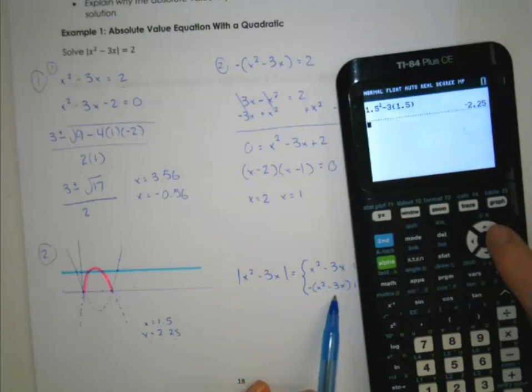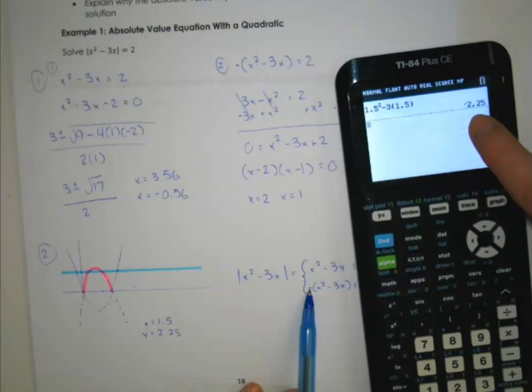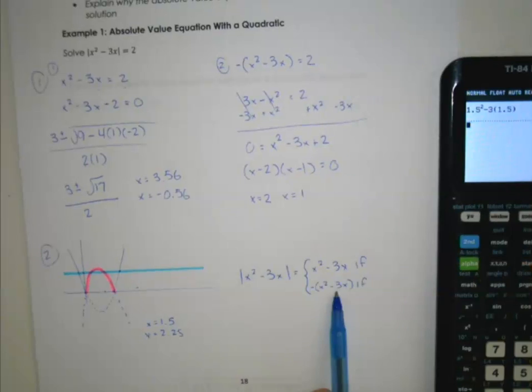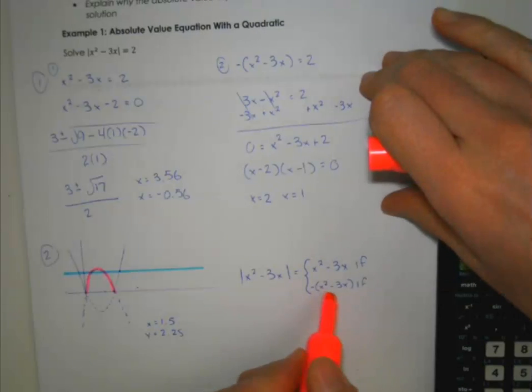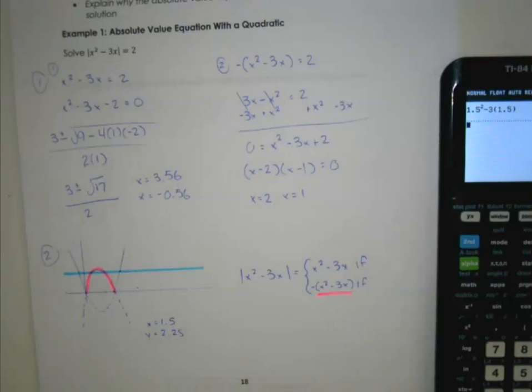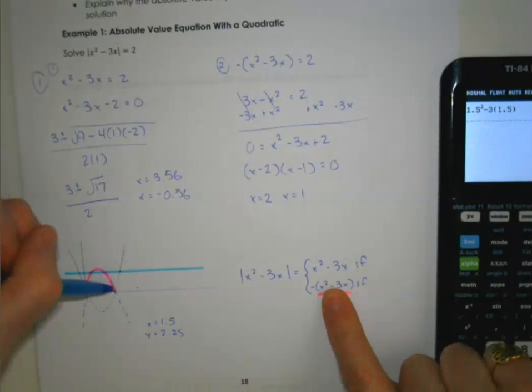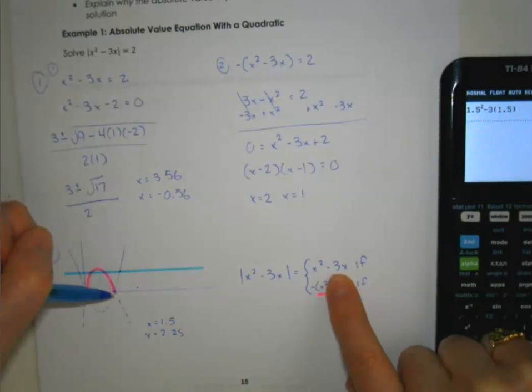If we were to use this one, we would have the negative value of this value, which would be positive 2.25, which is what we see for this component of the graph. So that tells us that this part of the graph has to be representing this second component here, the absolute value. Okay, which means that these components are representing our original equation.